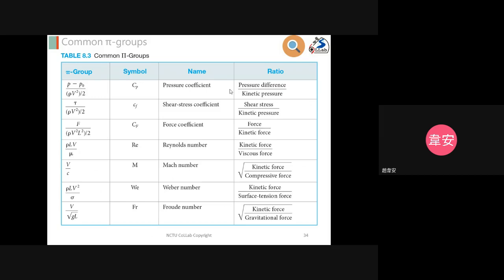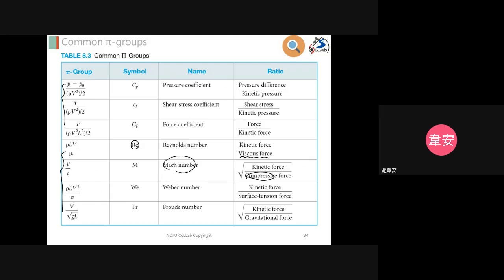So the table just summarizes the three dependent pi groups and the four independent pi groups. We know that if your problem includes the viscous effect, you need to use the Reynolds number. If your problem involves the compressibility effect, then you need to use the Mach number.